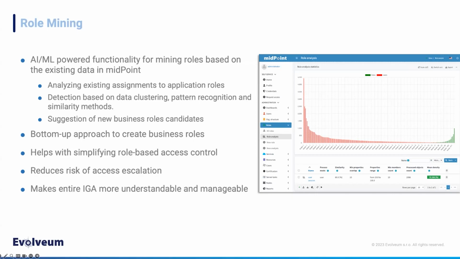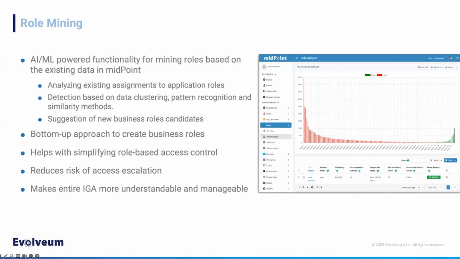Role mining is often used as a synonym for the bottom-up approach for creating business roles. While the top-down approach on its own might be labor-intensive and is primarily business-driven, the bottom-up role engineering approach uses existing data and thus helps navigate through the tangle of permissions.